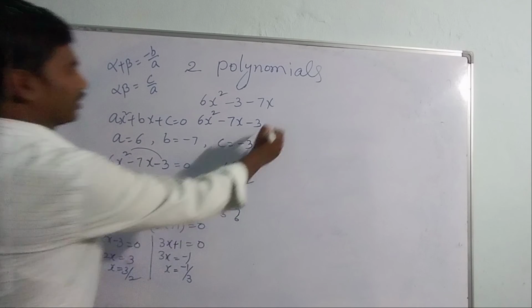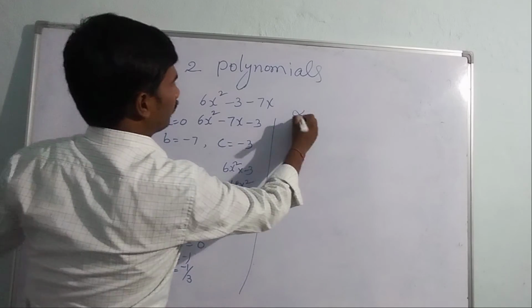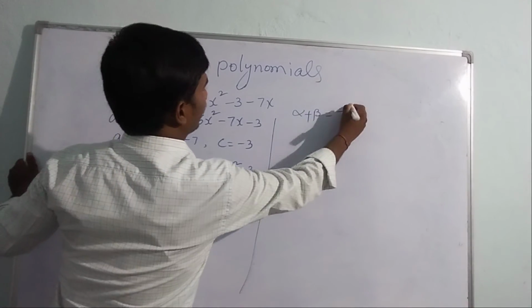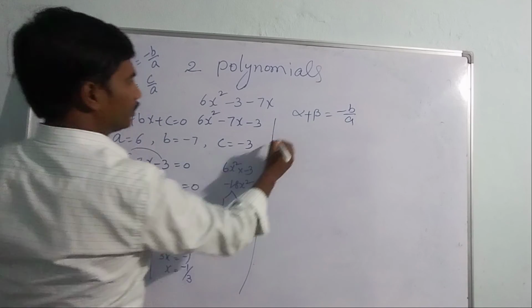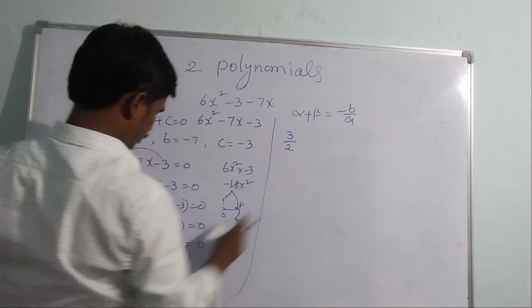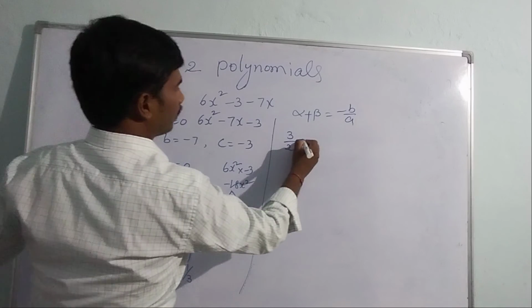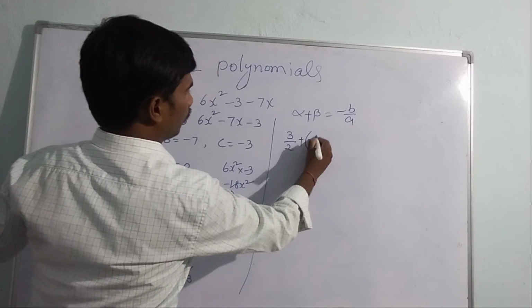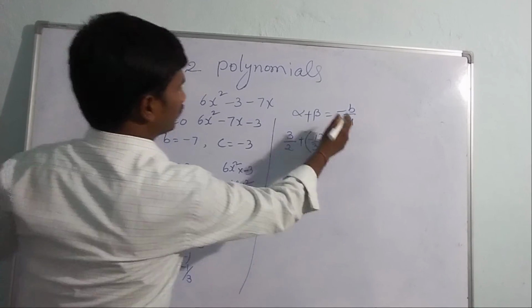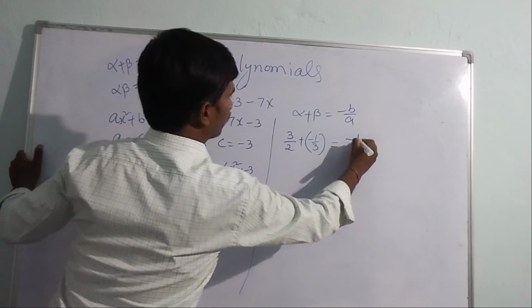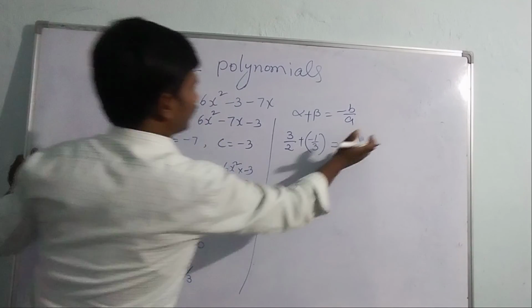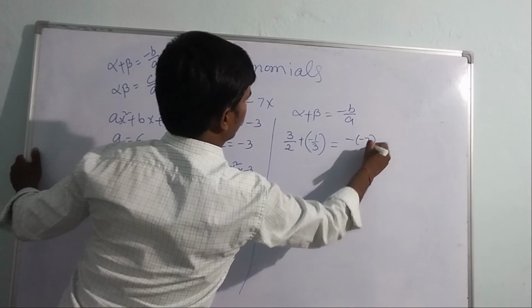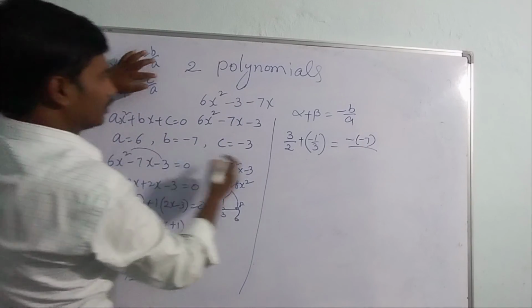Now verification. Alpha plus beta is equal to minus b by a. So what is the alpha value? Alpha value 3 by 2 and beta value minus 1 by 3 is equal to minus of b value, minus of minus 7 by a value 6.